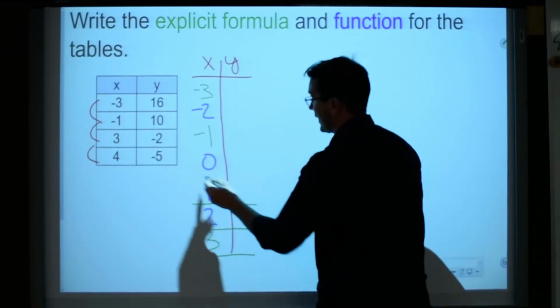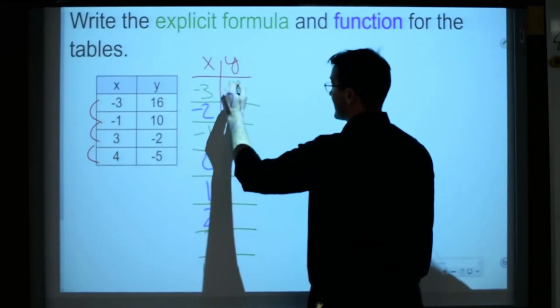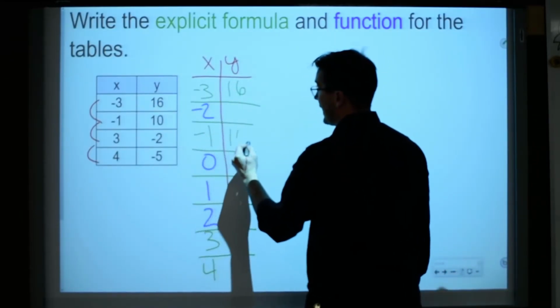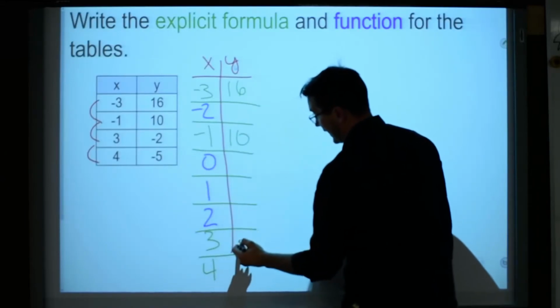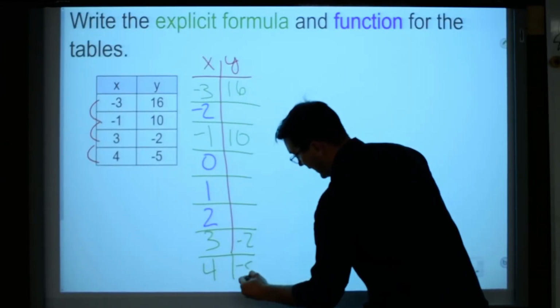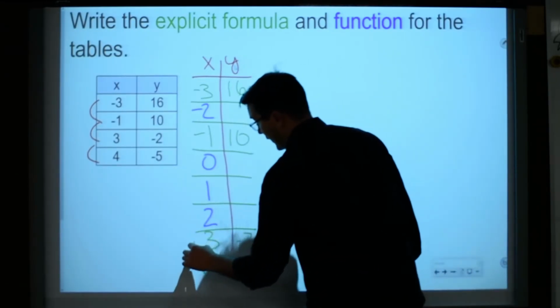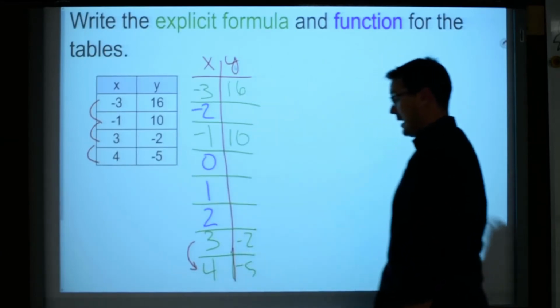Then I line those all up and say, at -3, I got 16. At -1, I got 10. At 3, I got -2. And at 4, I got -5. And again, I'm usually looking for where I have things in sequential order. It goes 3 to 4.